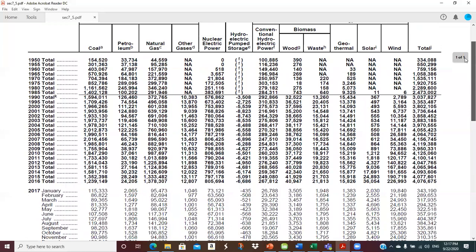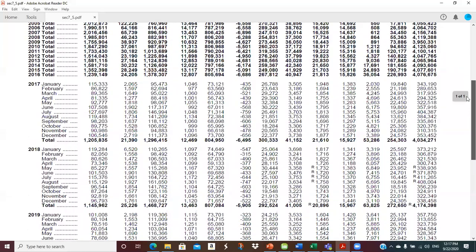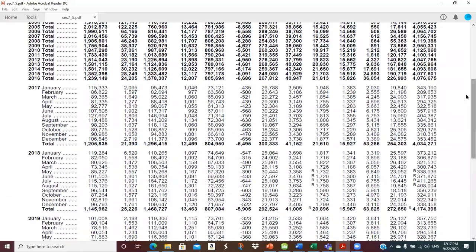Then you can see natural gas. Look at the increases in natural gas. I mean, as coal has gone down, natural gas has come up. In 07, we had over 2 million kilowatt hours of coal, and the natural gas was not quite 900,000.